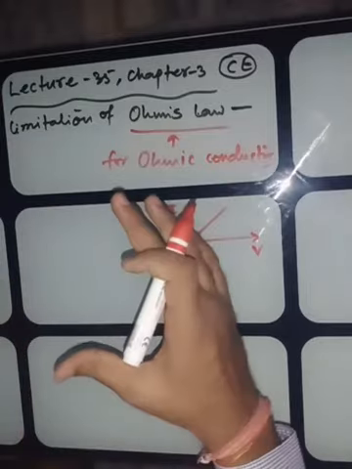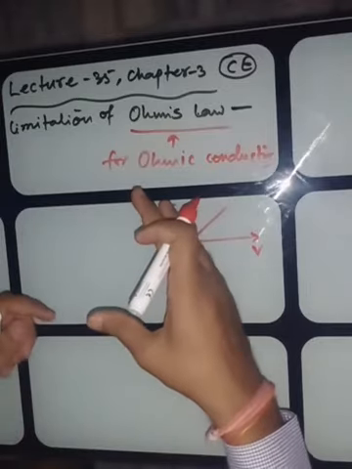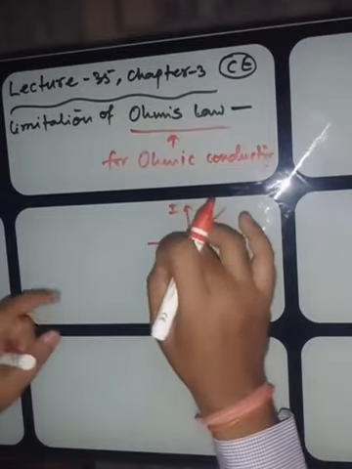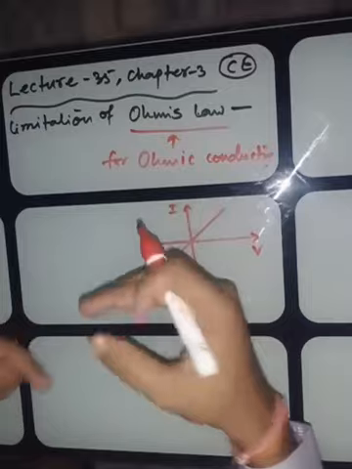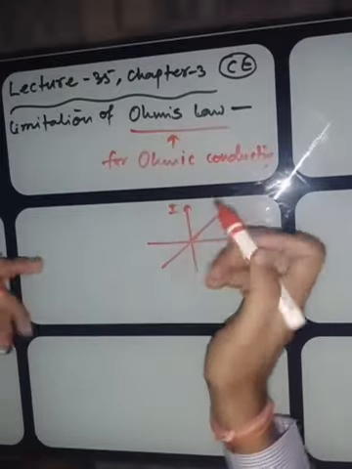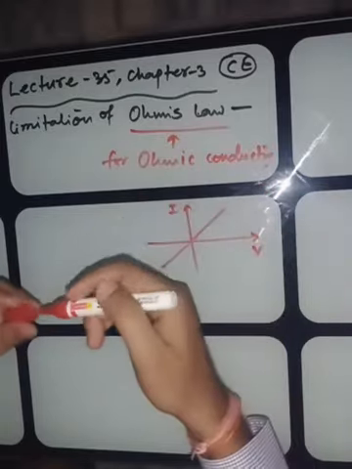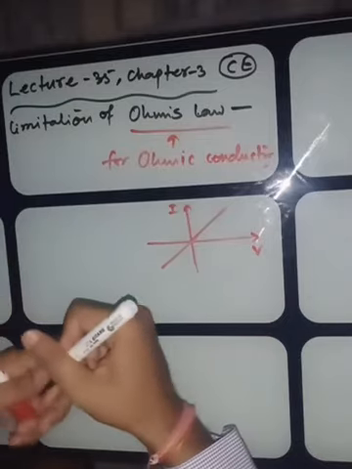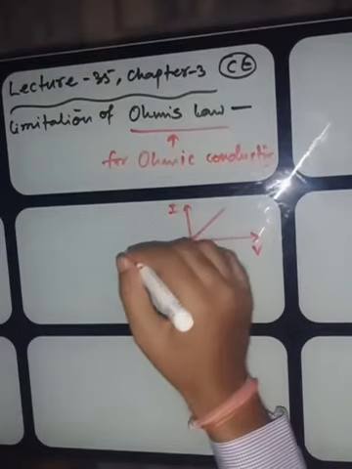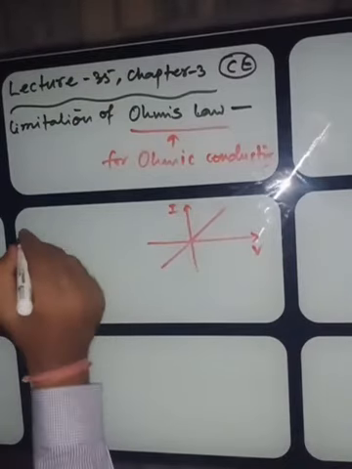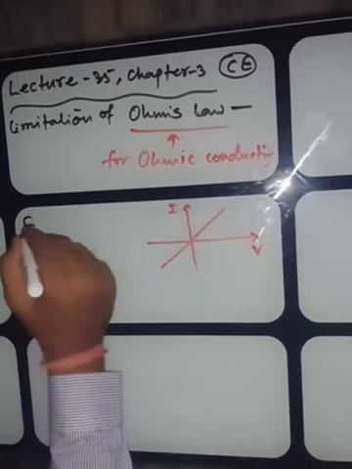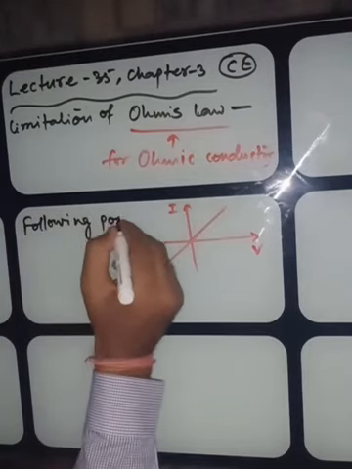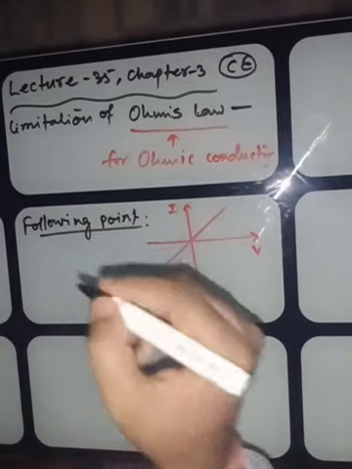But in all non-ohmic conductors, non-ohmic circuits, you can consider a few points that will be considered as the limitations. The following points will tell you about the limitations of Ohm's law.